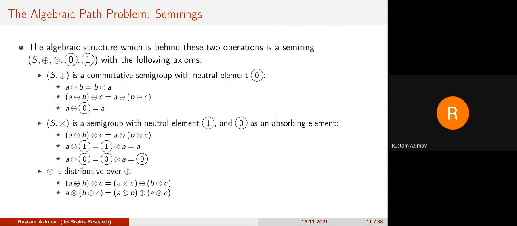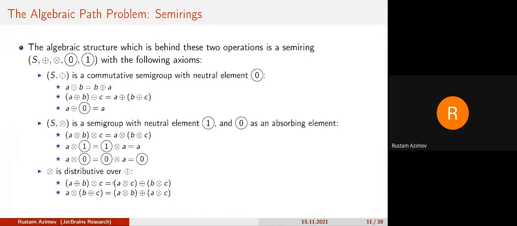Let's see, if we have two paths AC and BC with overlapping edge C, then this distributivity helps us optimize the computations, and this is important because the number of paths can grow exponentially, and without this optimization, some algorithms can really suffer.